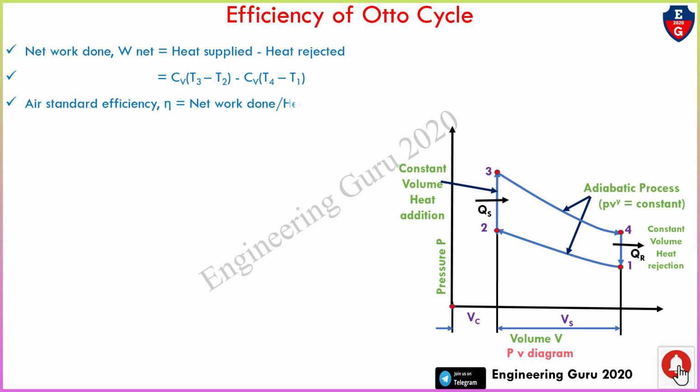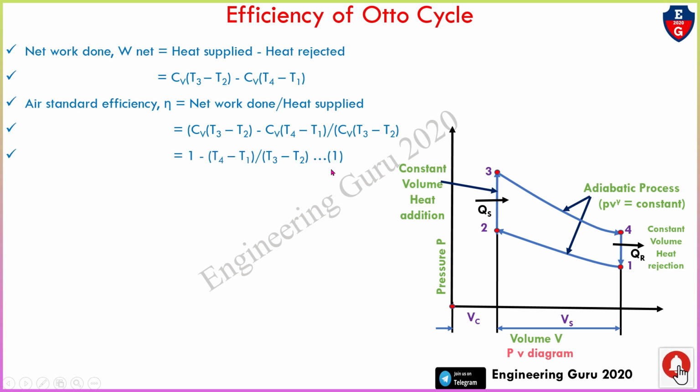Air standard efficiency equals net work done divided by heat supplied. So efficiency equals Cv (T3 minus T2) minus Cv (T4 minus T1) divided by heat supplied, which is process 2-3, Cv (T3 minus T2). So we can write 1 minus (T4 minus T1) divided by (T3 minus T2). This is equation number 1.